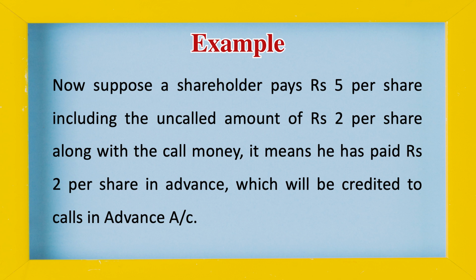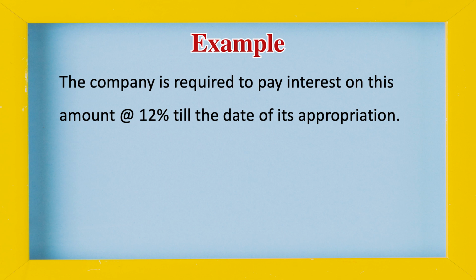It means he has paid rupees 2 per share in advance, which will be credited to call-in advance account. The company is required to pay interest on this amount at the rate of 12% per annum till the date of its appropriation. Now, we have learned about the accounting treatment of call-in advance.